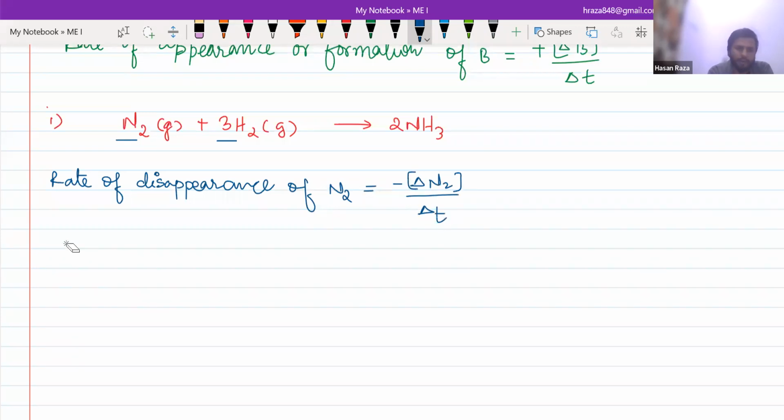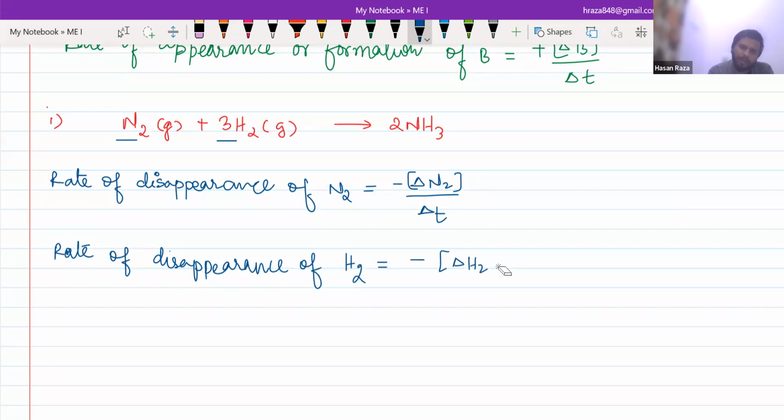Now for the next reactant, the rate of disappearance of H2 will be minus delta H2 upon delta t. Then, after the reactants, come to the product.